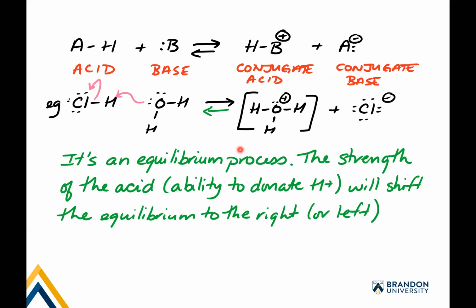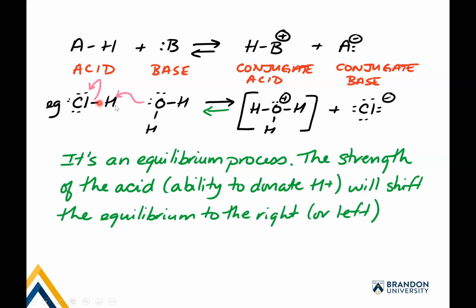So in this example here, we've got hydrogen chloride, and this is going to be the acid. The base is water. So this would happen when you bubble hydrogen chloride into water to make hydrochloric acid. Remember, this is following our rules about negative going to positive.